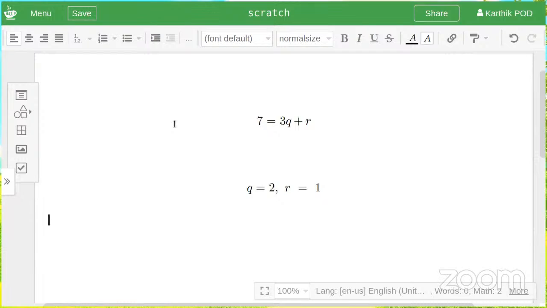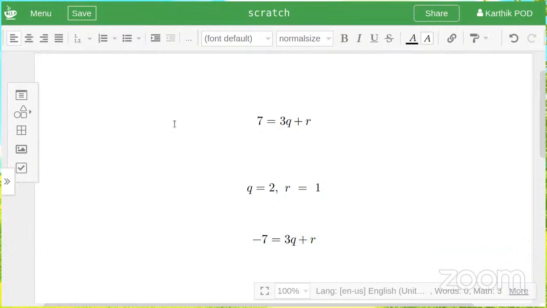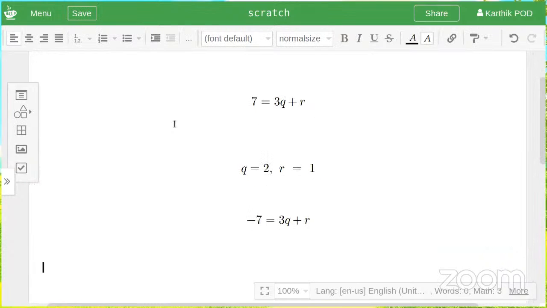So let's do something the other way around. If I do this, what do you think q will be? Assume that I stipulate that the remainder is always positive, between 0 and 2. Q will be -2 and R will be -1.